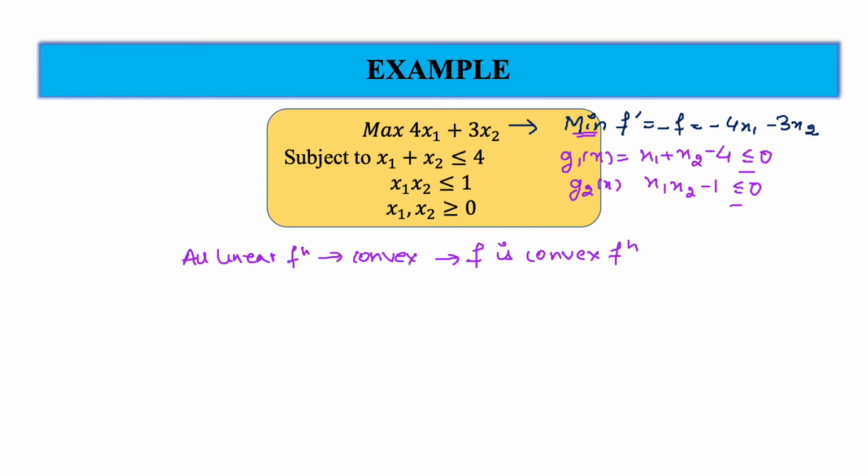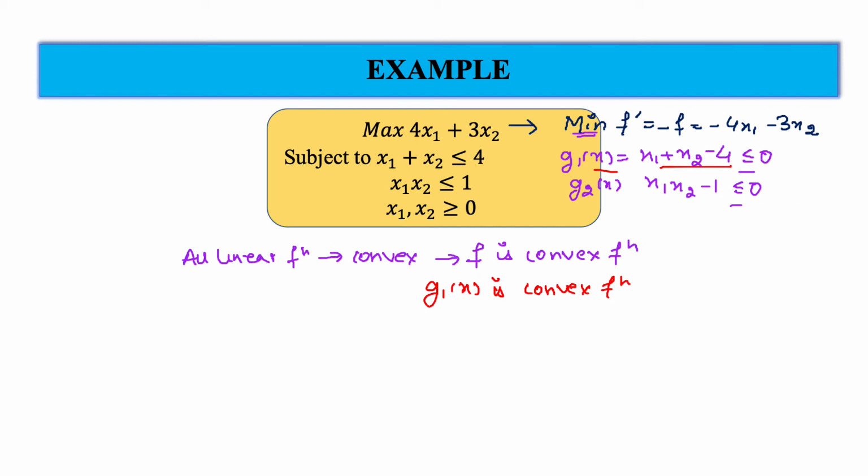Okay, now again if you will see the first constraint, it is again a linear problem. So my g1(x) is also a convex function.